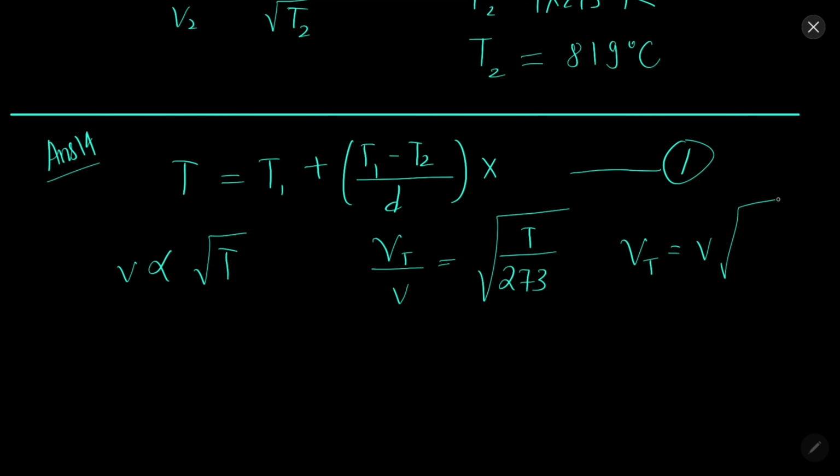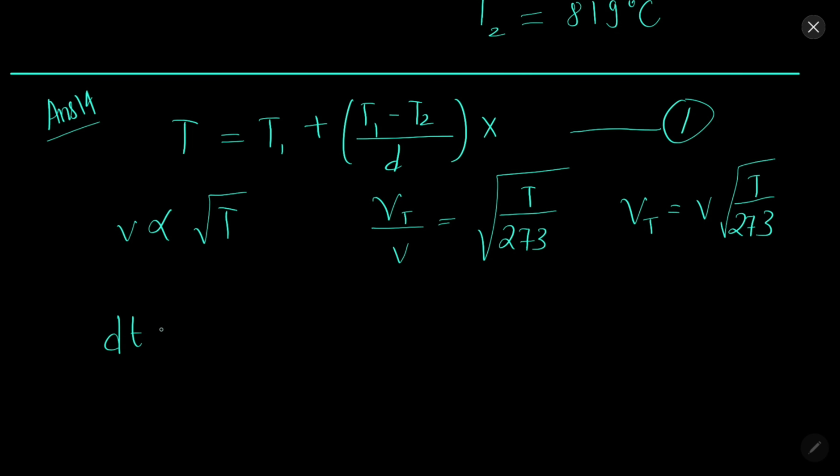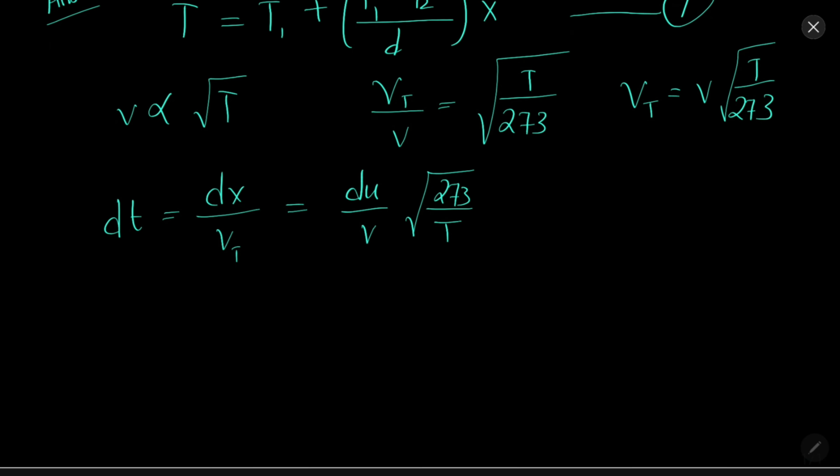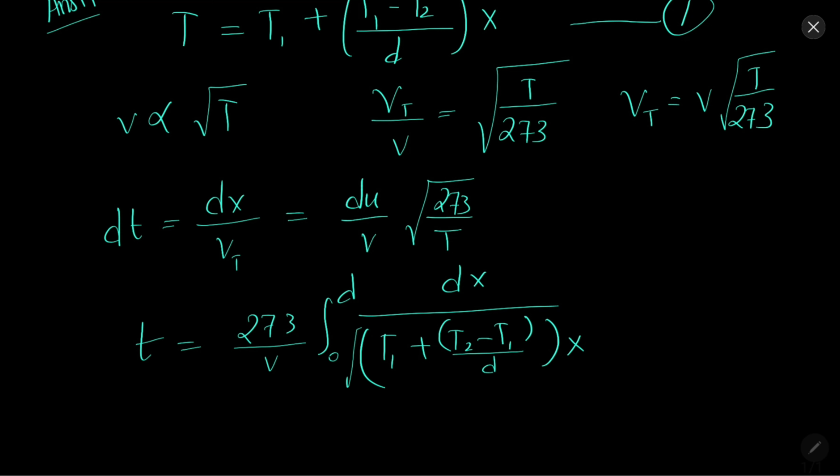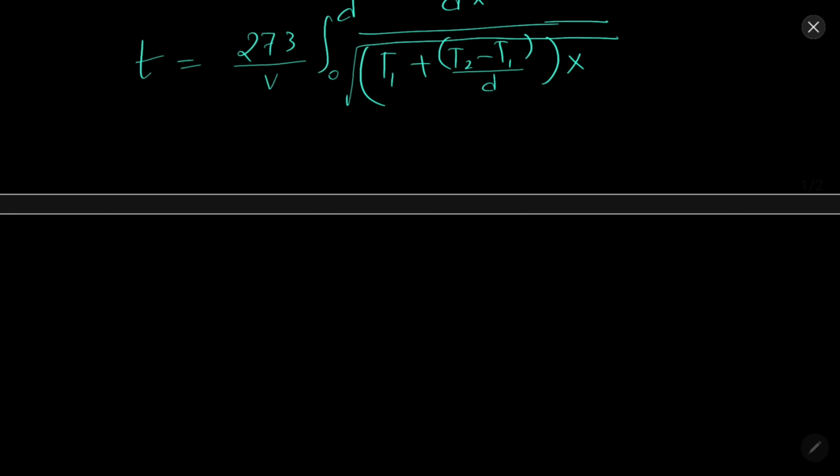So Vt will be V into root of T over 273. dt will be dx over Vt, which will be dx over V into root 273 over root T. So t is root 273 over V, integral 0 to D dx over root of T1 plus (T2 minus T1) over D into X. So once we simplify this, t will come out to be 2D root 273 over V into root T2 plus root T1.